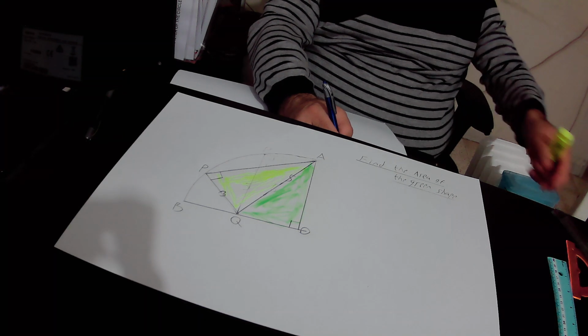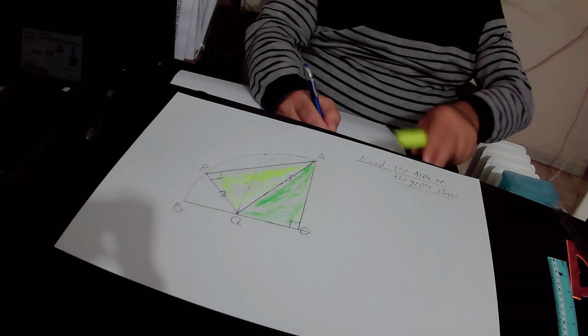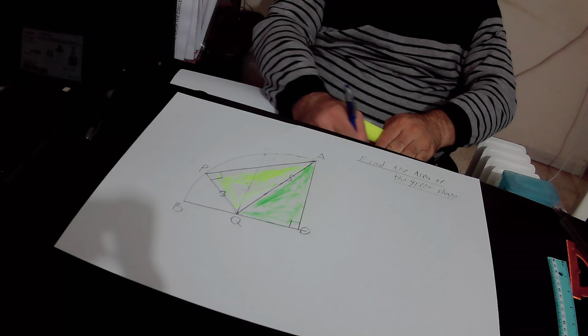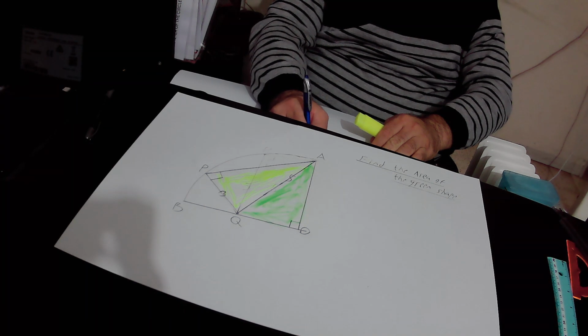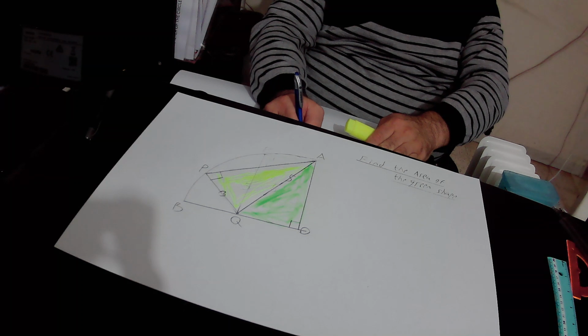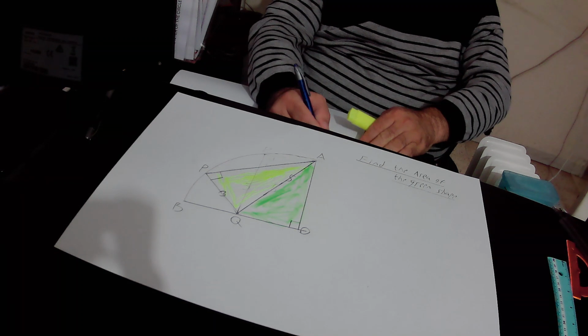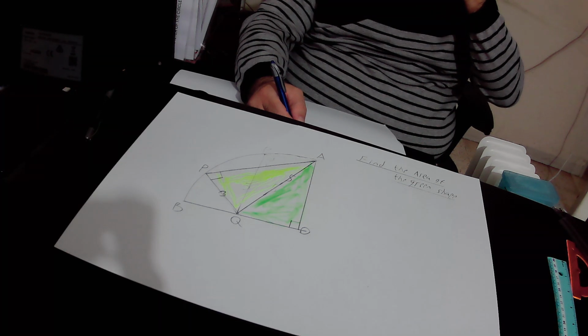So actually, according to the Pythagoras theorem, here is the relation from the Pythagoras theorem. In any right triangle, the square of the hypotenuse equals the sum of the squares of the perpendiculars.